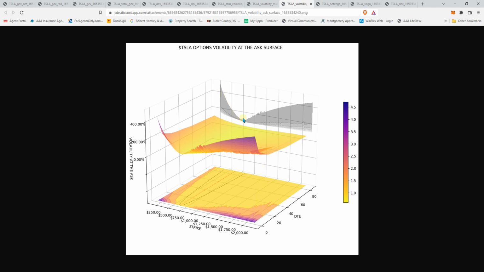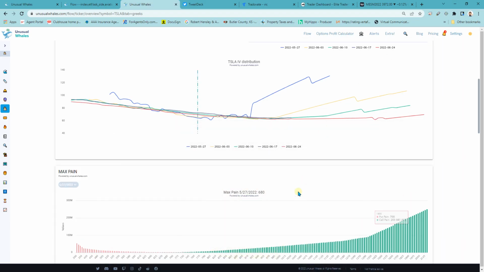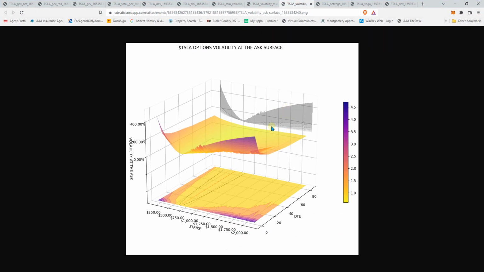Again, you see that similar type of look. This is just the surface of all the options for all the DTEs out to 98 days. And so it's basically giving you an idea of where people are positioned, or where the market is positioned. And it looks a lot like this, right? Very similar look to it.